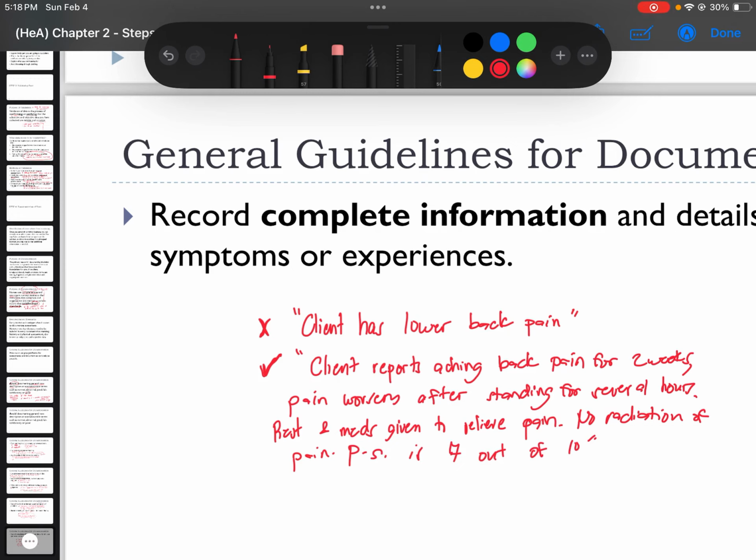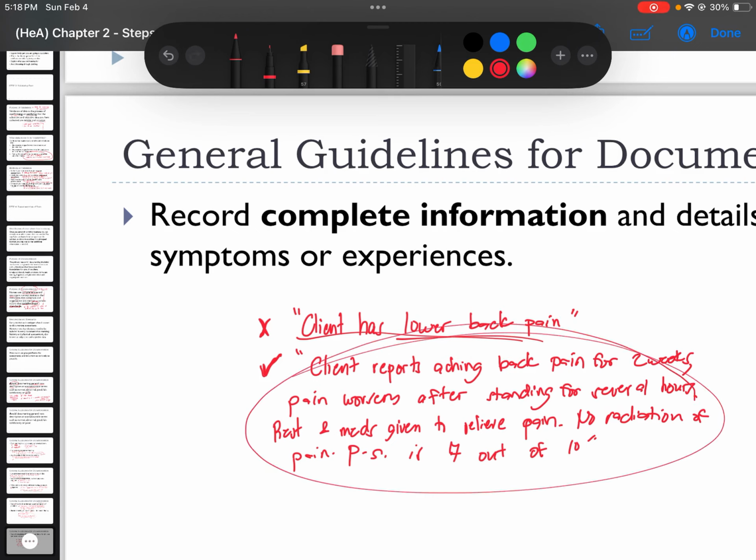Okay? If I just chart it as the first example, class, this is just too inconclusive. What I'm learning by that, class, is there is just lower back pain. Okay? If you are the one charting this and I am the nurse coming after your shift, I will just read this as the client has lower back pain.